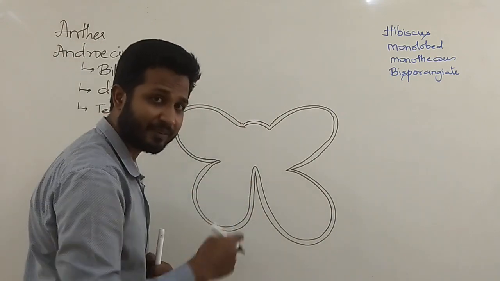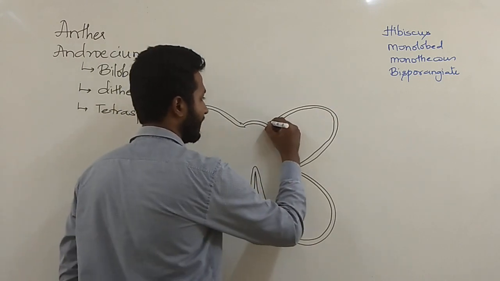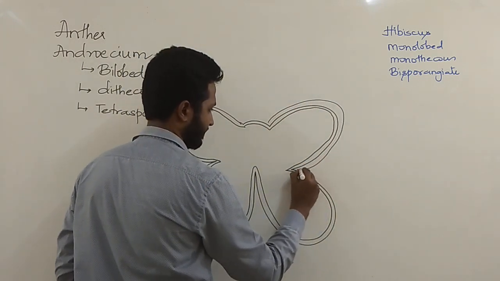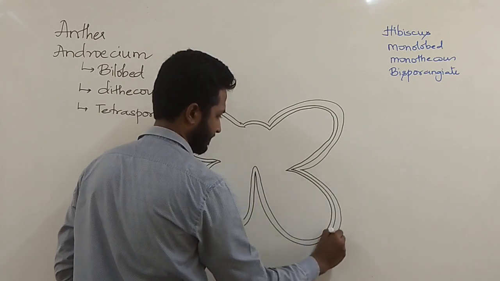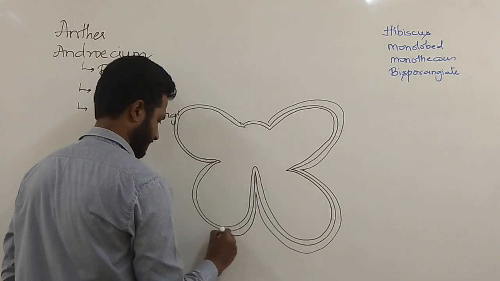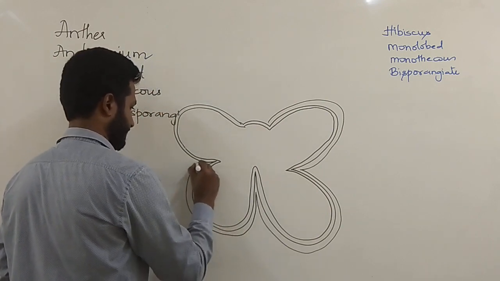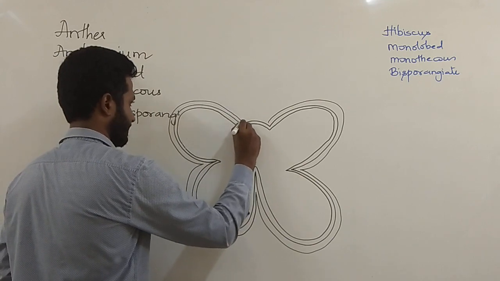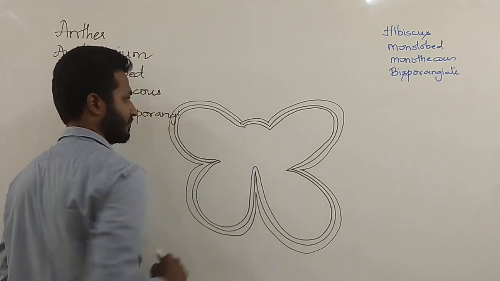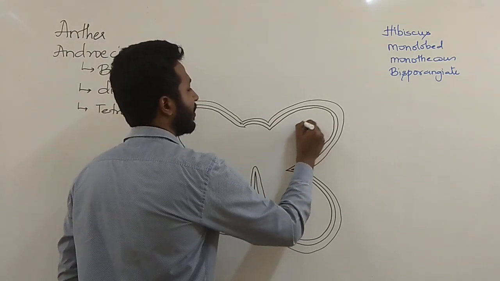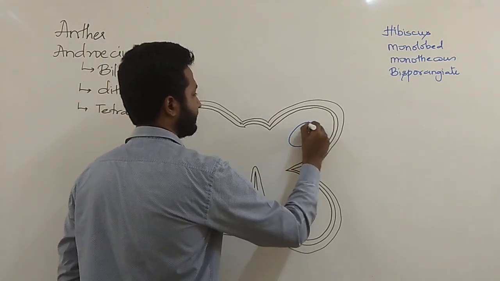One line from inside and one layer from outside. Then within this we will draw 4 bags or sacs.